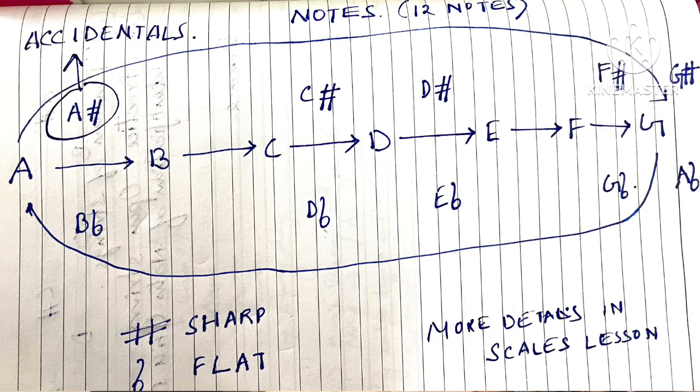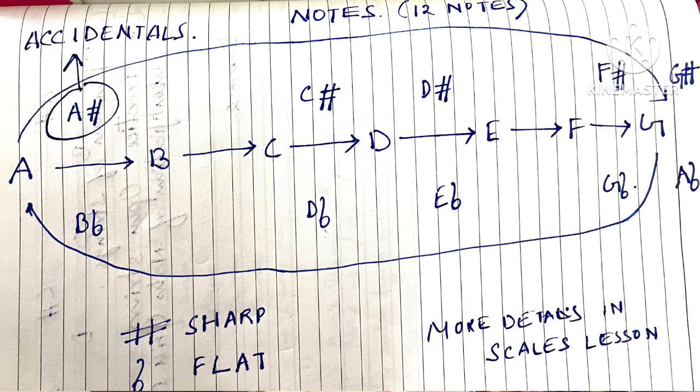Similarly, from D to E, we can say D sharp or E flat. From E to F, it is the same as B and C: we do not have any accidental notes. So moving from F to G, a similar thing follows. After F, it will be designated as F sharp, or it can be called G flat. But it is just one note.